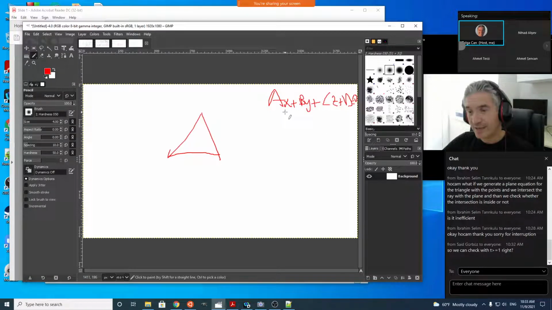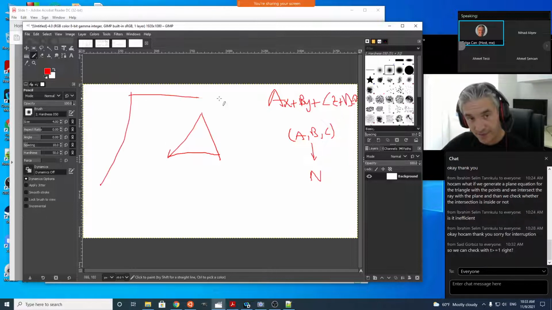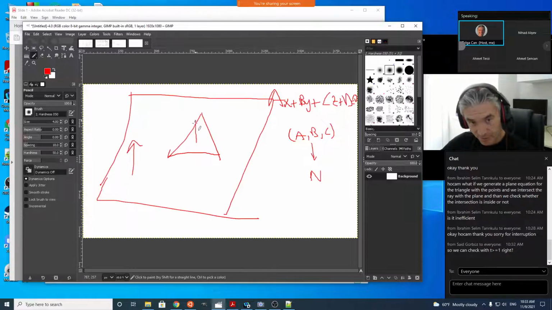One interesting thing about planes is that this vector ABC actually gives you the normal vector of the plane. So if you have a plane that this triangle is lying on, this normal vector is also going to be the same as the normal vector of the triangle.